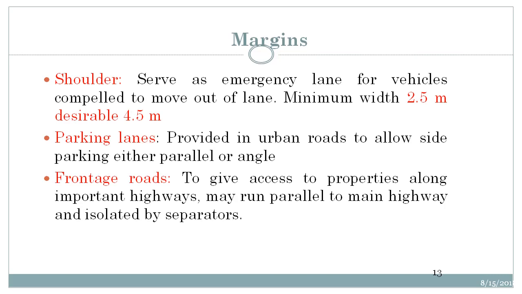Minimum width 2.5 meter, desirable 4.5 meter. Parking lanes, provided in urban roads to allow side parking either parallel or angle. Frontage roads, to give access to properties along important highways, may run parallel to main highway and isolated by separators.